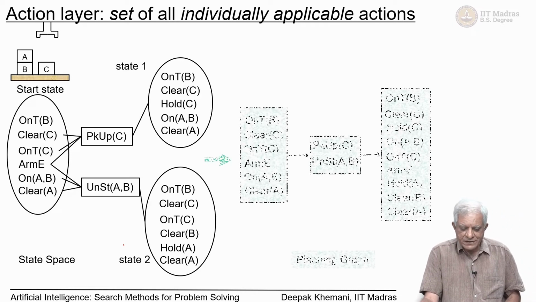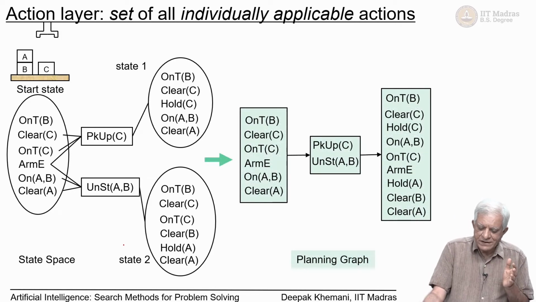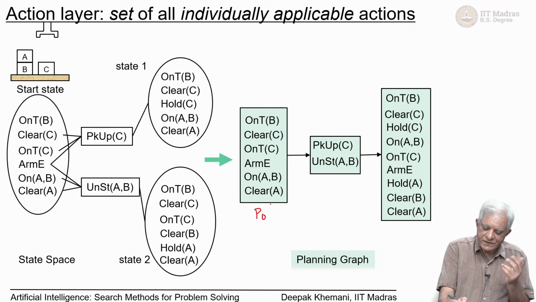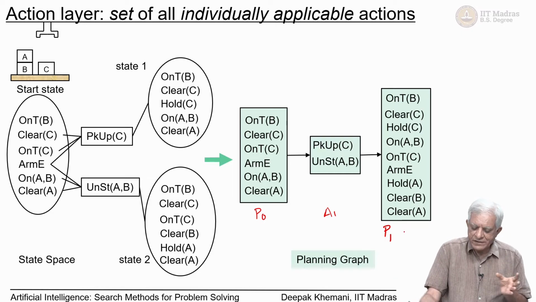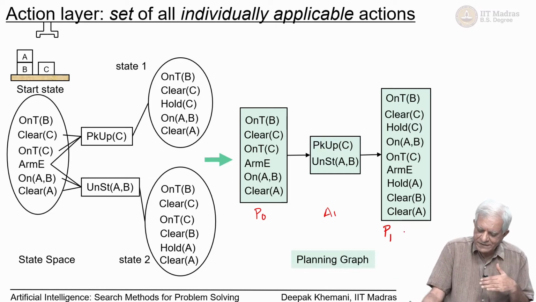In the planning graph, we merge them essentially. So, as I said, this is the proposition layer 0, which is equal to the start state. Then this is action layer 1, and then this is proposition layer 1. So, we put all the actions into one layer and all the resulting propositions into another layer.